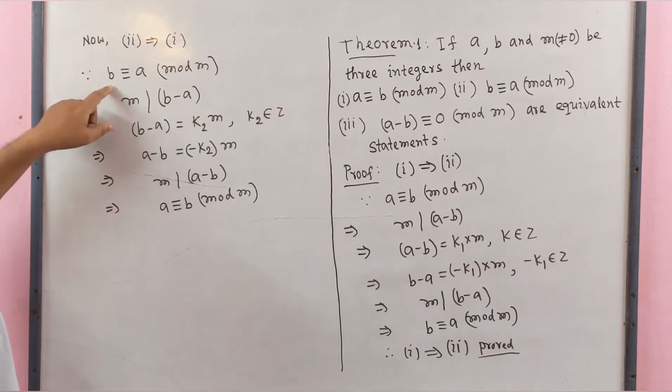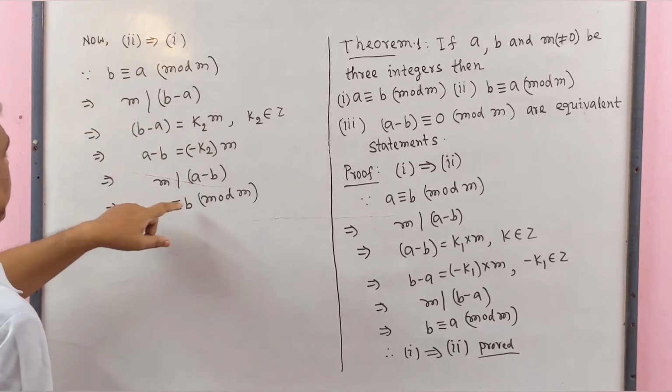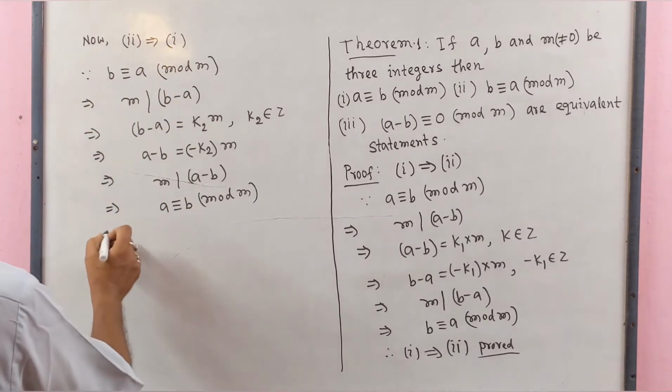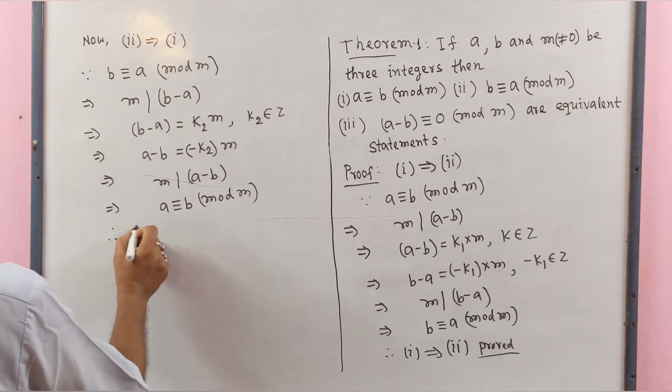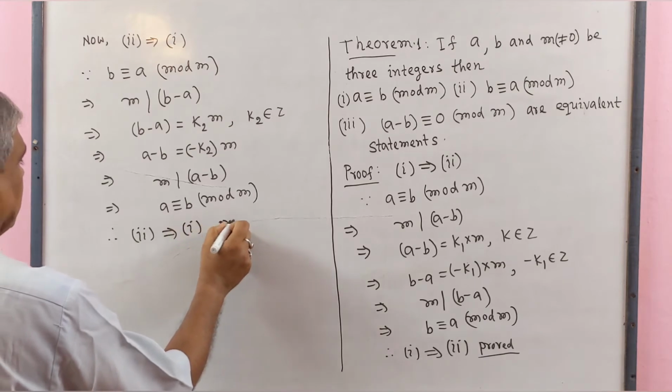Therefore, if b is congruent to a modulo m, then a is congruent to b modulo m. Therefore, 2 implies 1. Proved.